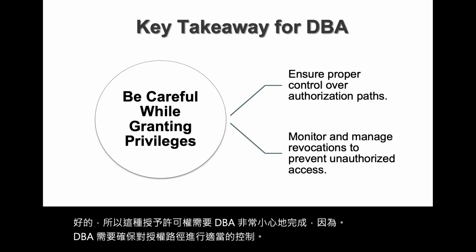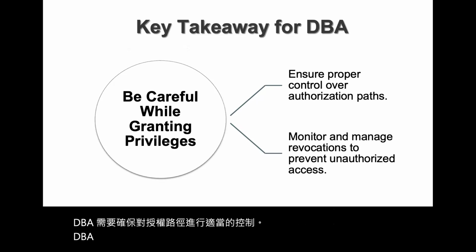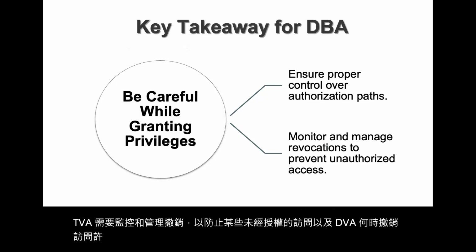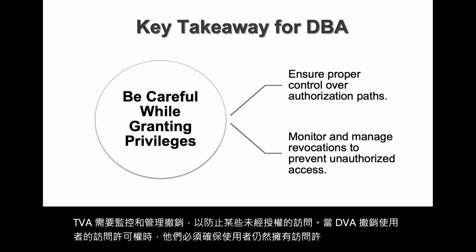The DBA needs to carefully track how the privileges are shared among the users, and needs to monitor and manage the revocation to prevent unauthorized access. And when the DBA revokes the access from a user, they must ensure that the user doesn't still have access through another path.